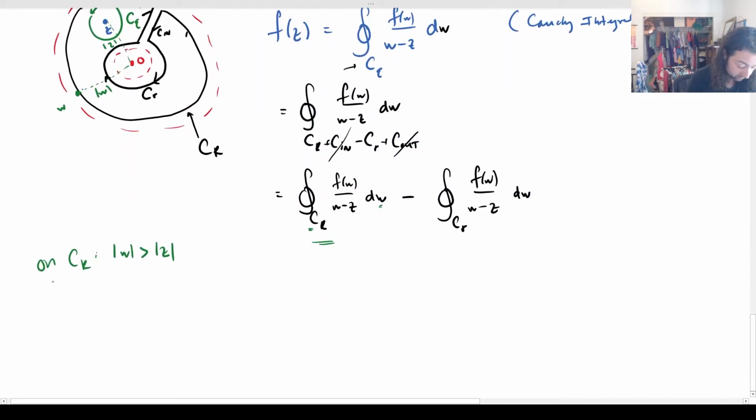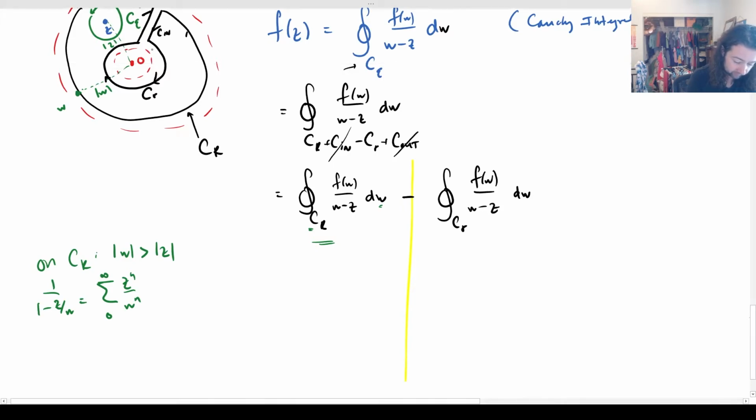So this is going to mean that 1 over 1 minus z over w is equal to the sum from 0 to infinity of z^n over w^n. So let's just put a little wall right here for right now, and let's just look at that first integral.